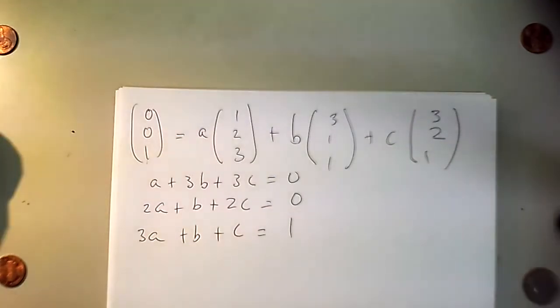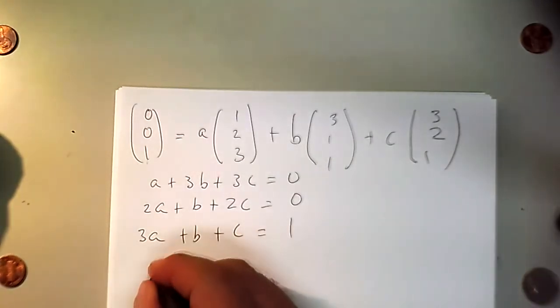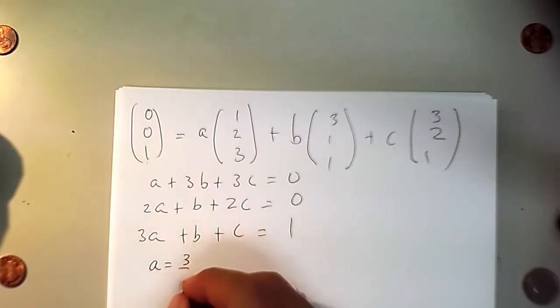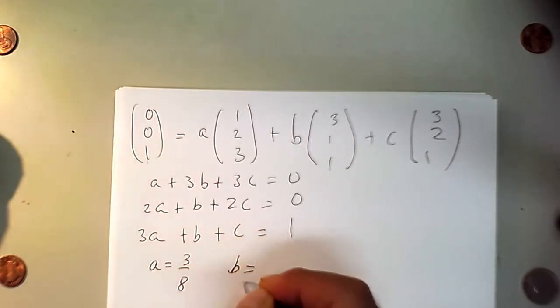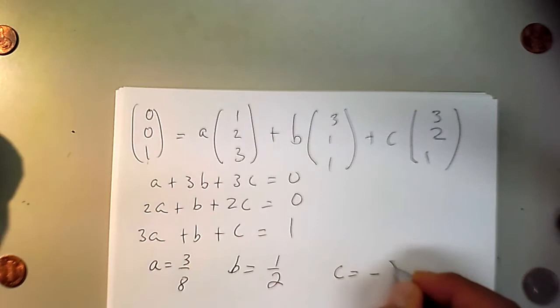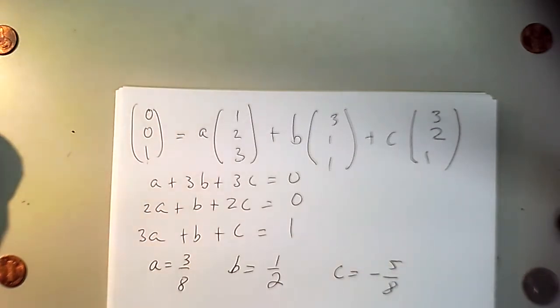In this case, we obtain a to be 3 over 8, b 1/2, and c negative 5 over 8.